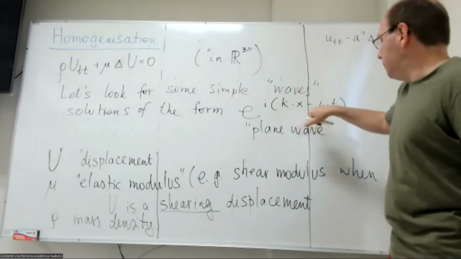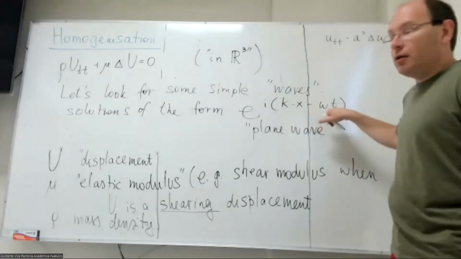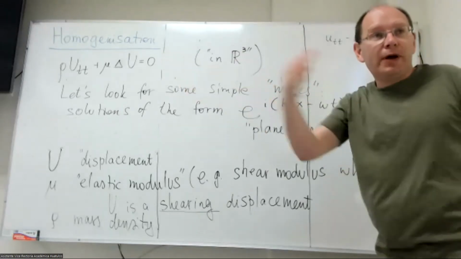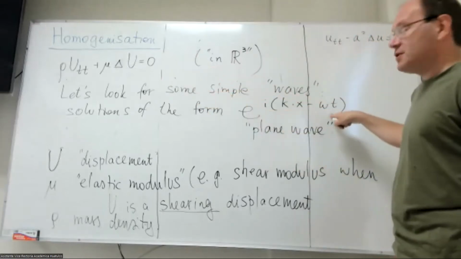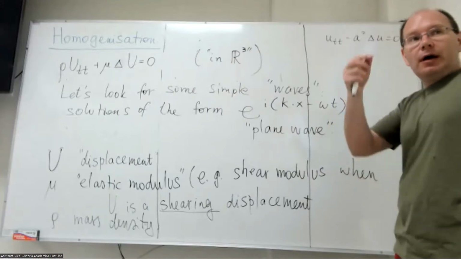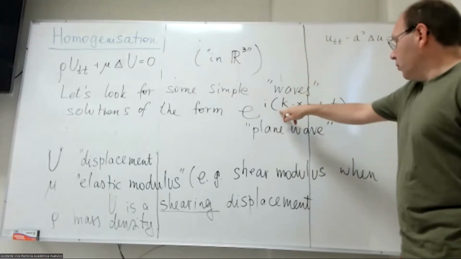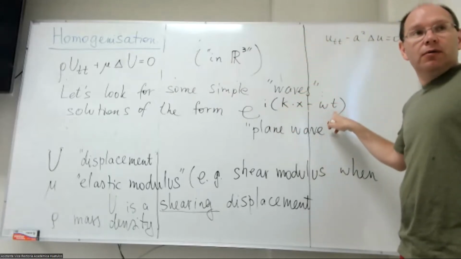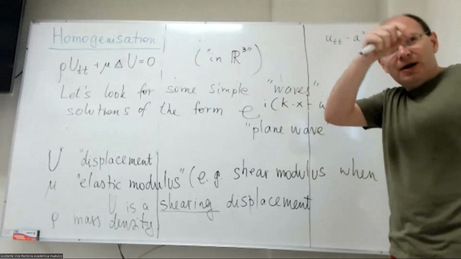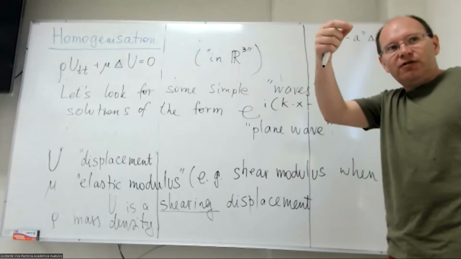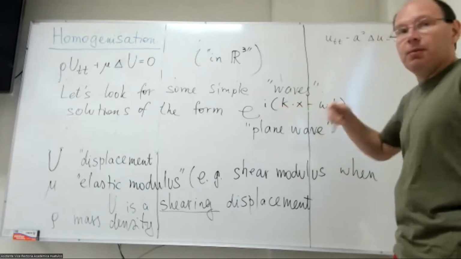And because of this bit, it propagates. I can plot it and see it moving, and it moves in such a way that at any point on which this is constant, I would like to refer to this as the phase, because it's a certain point on the sinusoid, and this point will be moving.